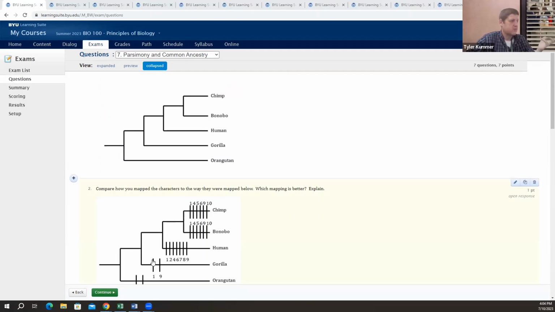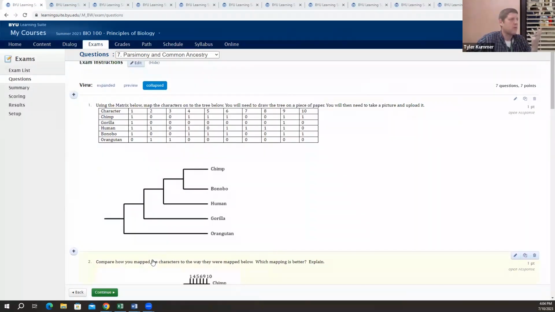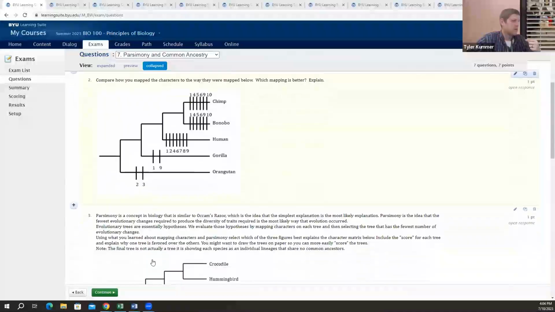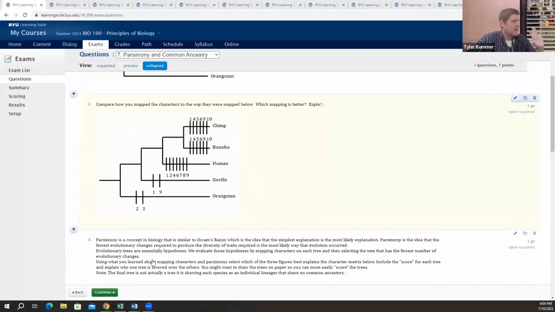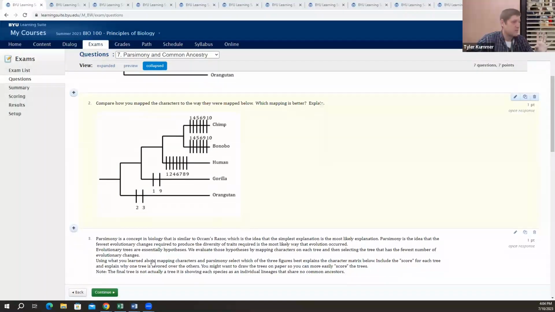And so that's why we prefer that. It's more parsimonious. It's a more simple evolutionary history. And so that's why we favor that one over the others. So that's just getting at the idea of why we put traits on the tree the way we put them on there: because we're trying to maximize and have as much homology as possible.